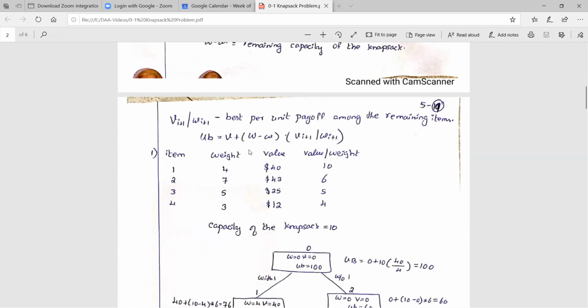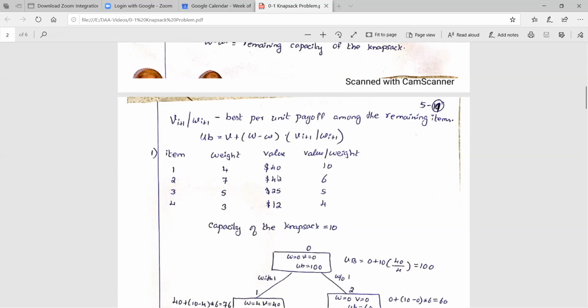In the branch and bound knapsack problem, we are using 0/1, where either the full object is selected or the full object is rejected. Now this is the problem. We are given 4 objects. For each object we are given the weight and the value, which is the profit, and then we have to specify the value by weight.